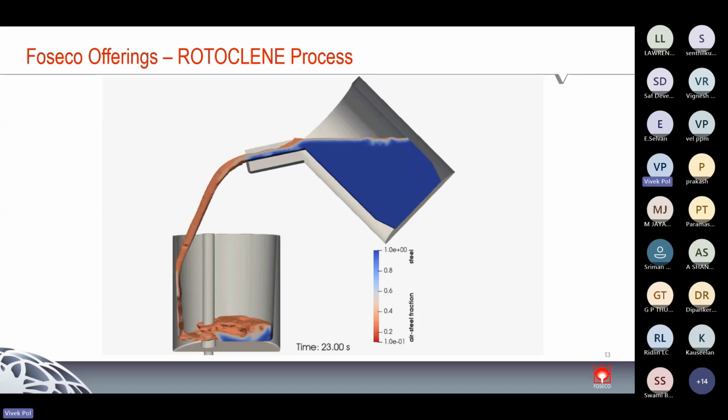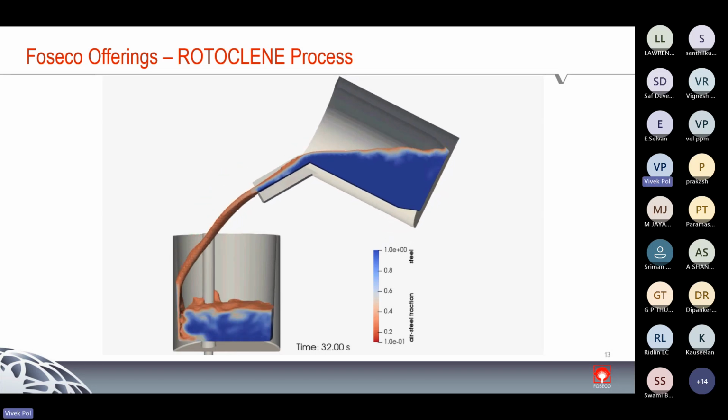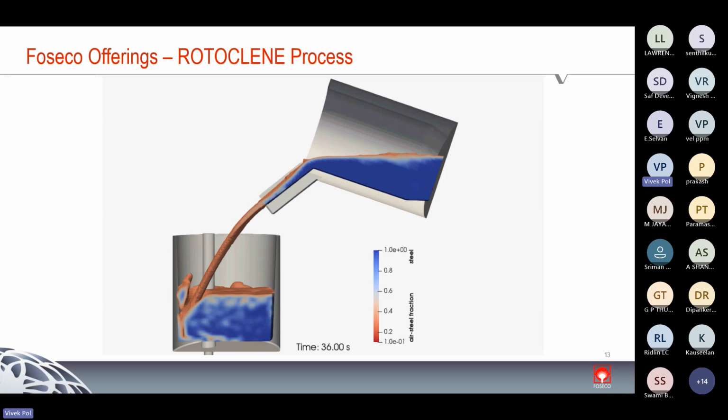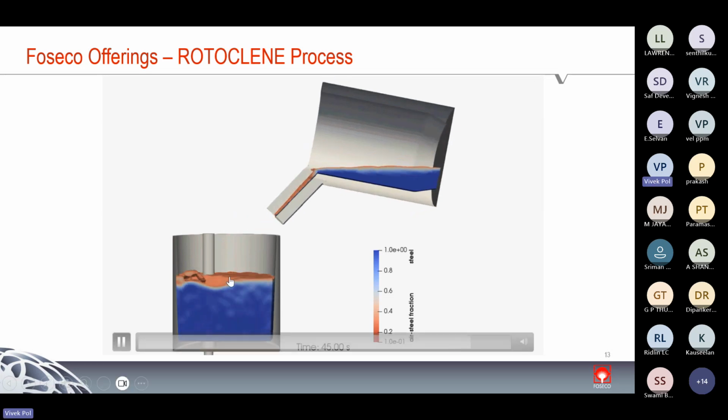Here is the animation video where you can see this blue is metal and brown is air.